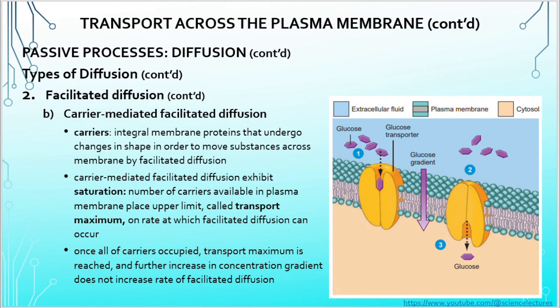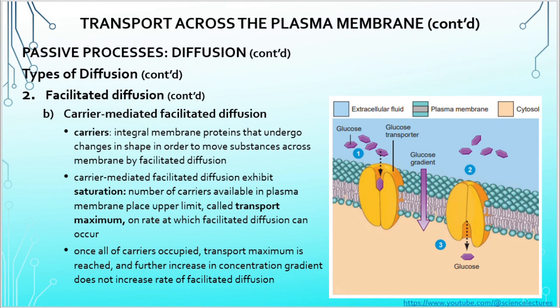The rate of carrier-mediated facilitated diffusion, that is how quickly this diffusion occurs, is determined by the steepness of the concentration gradient across the membrane. The number of carriers available in the plasma membrane places an upper limit, also called a transport maximum, on the rate at which facilitated diffusion can occur.